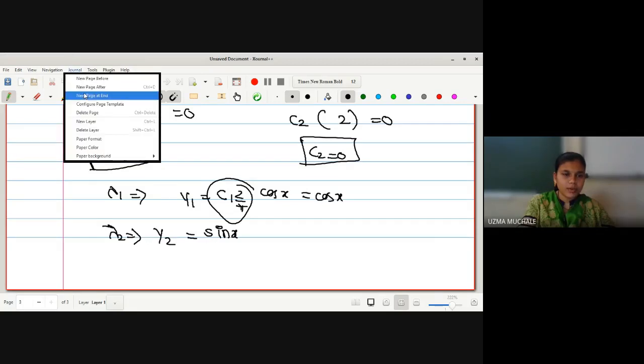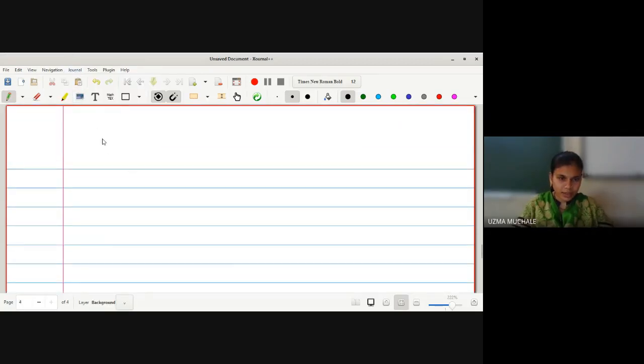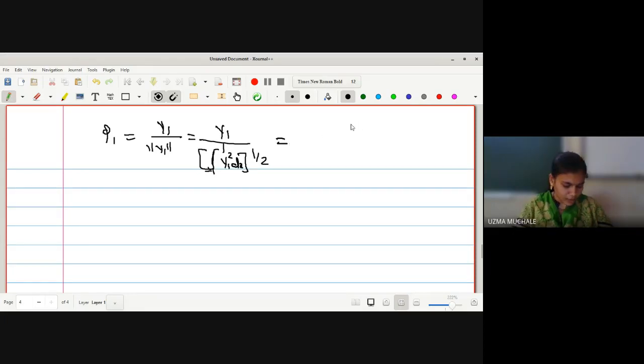If yes, let me go for the next point. That means we have to go for finding the value for phi 1 and phi 2. Let us find out the value for phi 1, which is nothing but y1 upon norm of y1, which equals y1 upon square root of integration from minus 1 to 1 of y1 square dx. The value for y1 is cos x, divided by square root of integration from minus 1 to 1 of cos square x dx. So under the root, we have to evaluate the integration of cos square x.